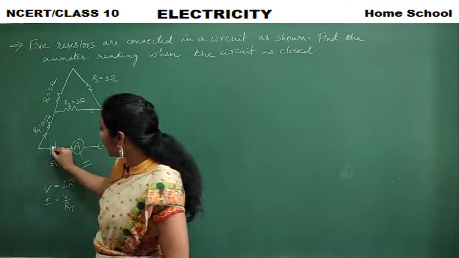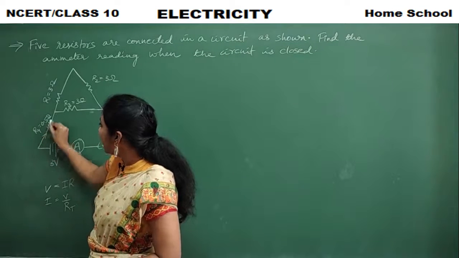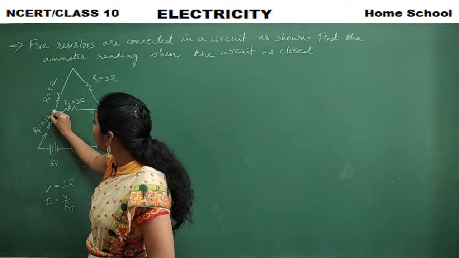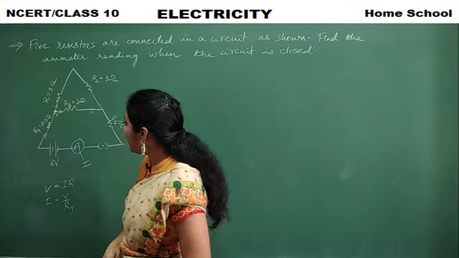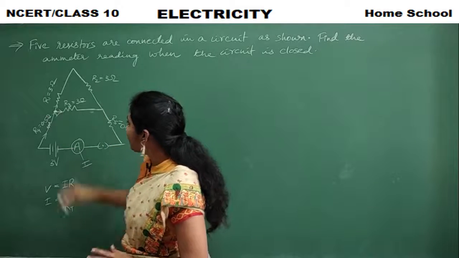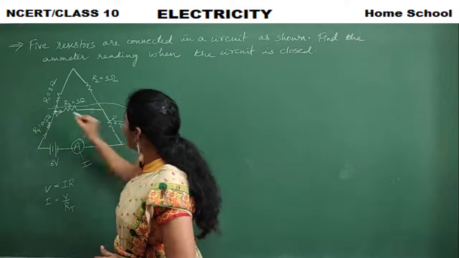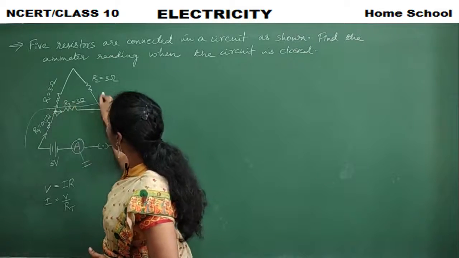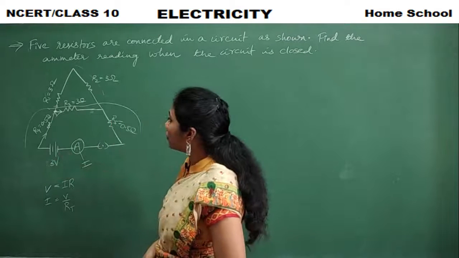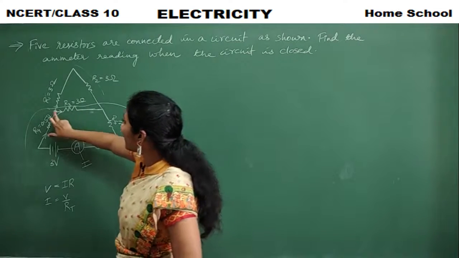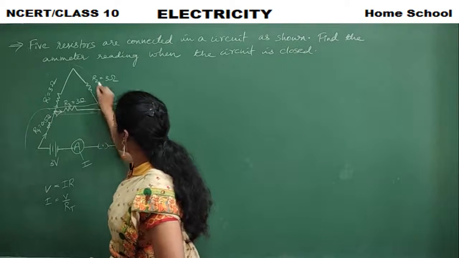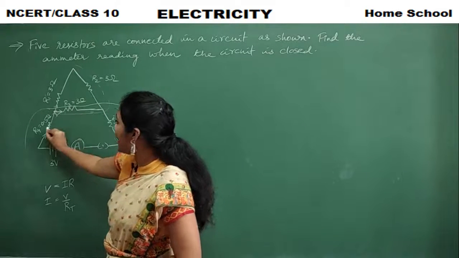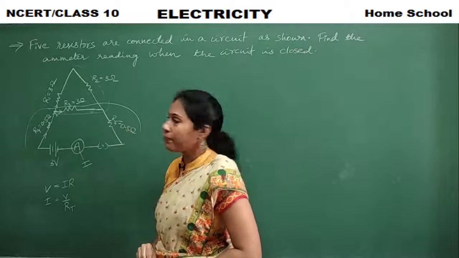You see here, your current will start flowing from this end. It reaches here. At this point, the current is splitting. That means this part is in parallel with this part. Got to know? See, your current is exactly splitting here, guys. So definitely this triangle part is actually parallel to your main circuit.